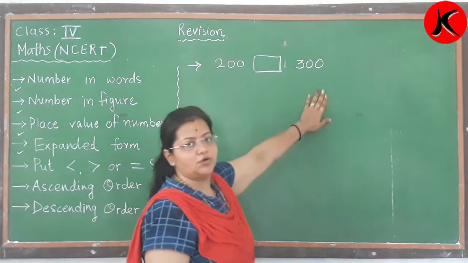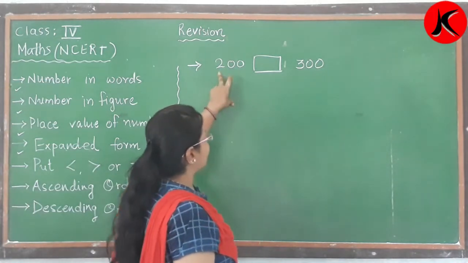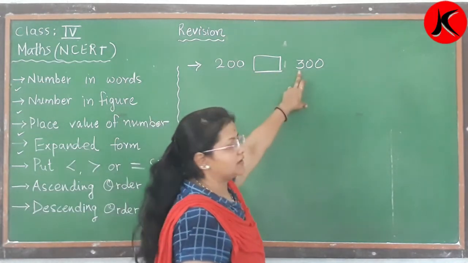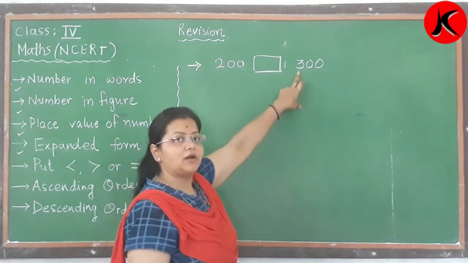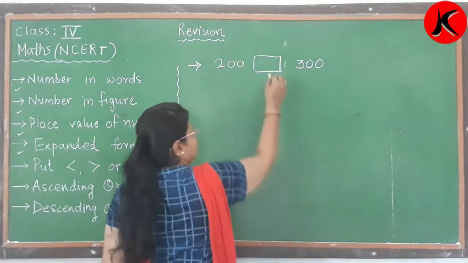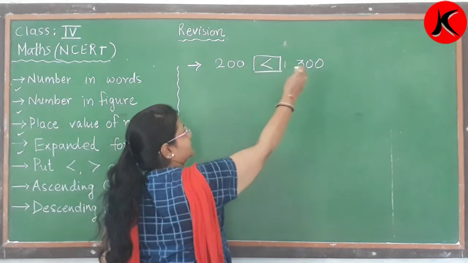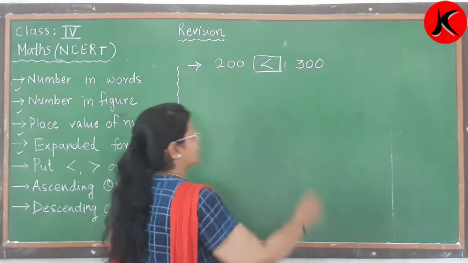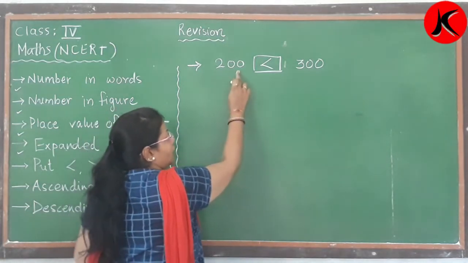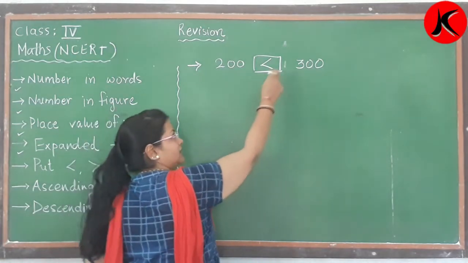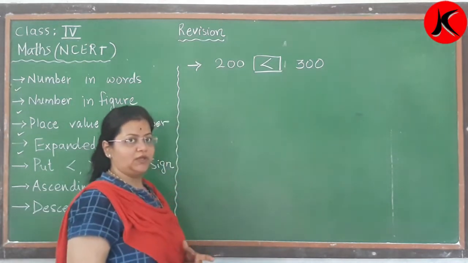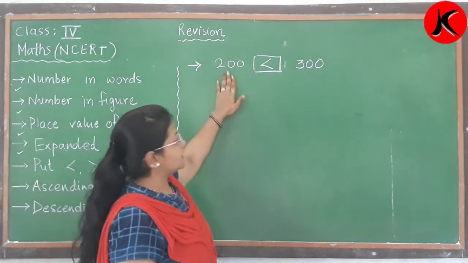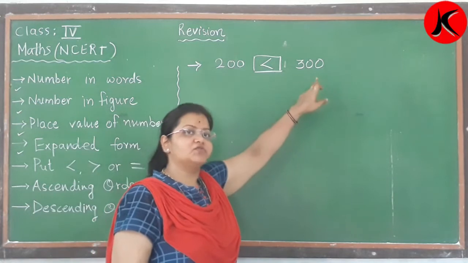Here both are 0, so easy. In the hundreds place, here 2 and here 3. Which one is the bigger number? 3. So whichever number is bigger, on that side we have to draw the sign. Now see, 200 is less than 300. That means 200 is less than this number.